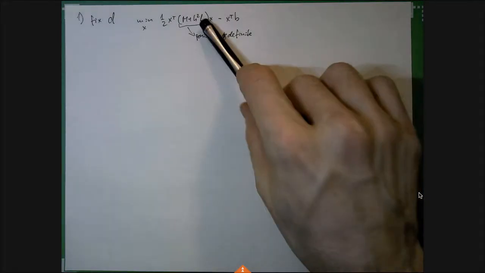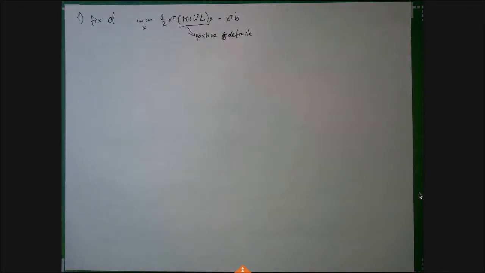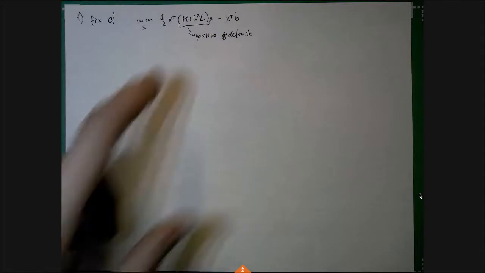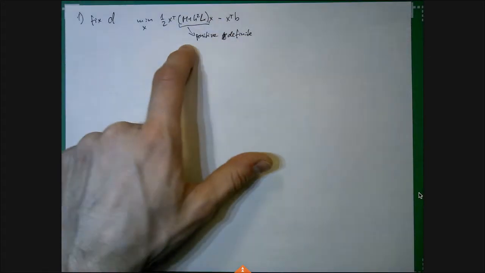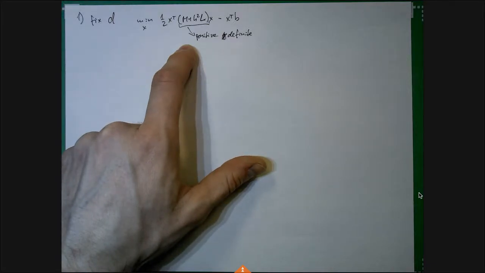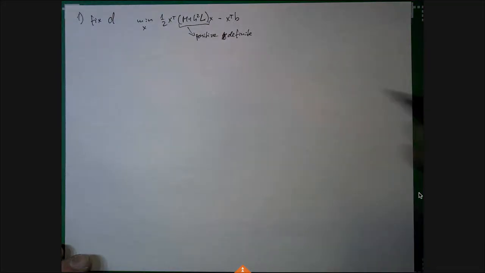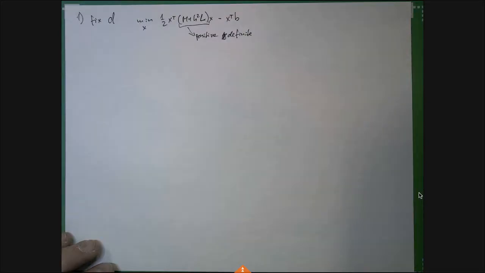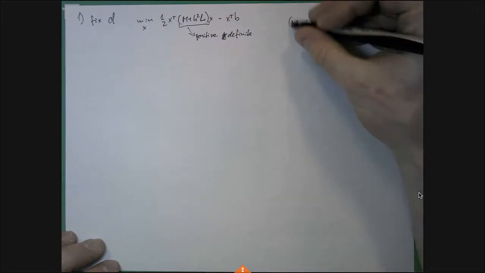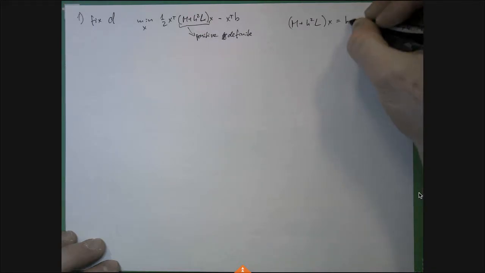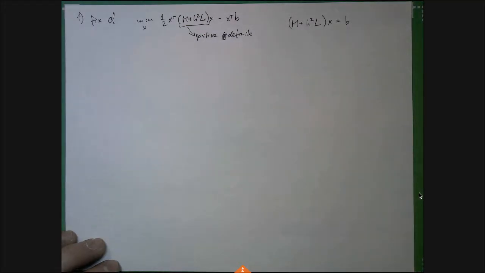So the L is a fairly special type of matrix. Okay, so this is a convex quadratic optimization problem, and we can solve it by solving a system of linear equations, right? We set the gradient equal to 0, and what we get is, of course, this, which we need to solve.